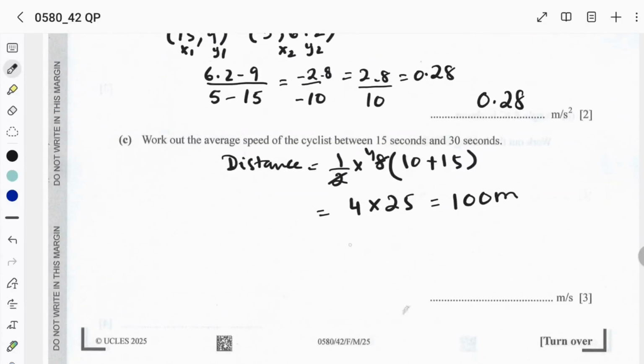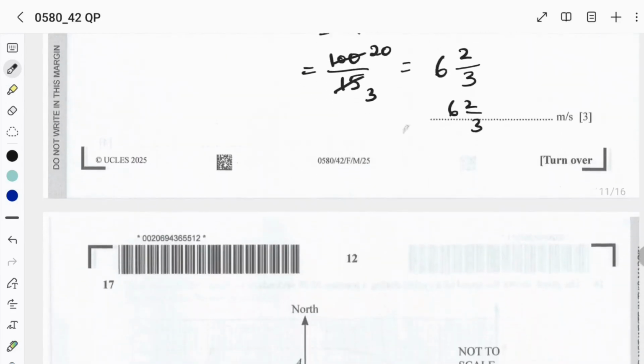So 100 upon 15, which is 20 over 3, 6 whole 2 over 3, or 6.666, meters per second. And if you round it off, it will be 6.67.